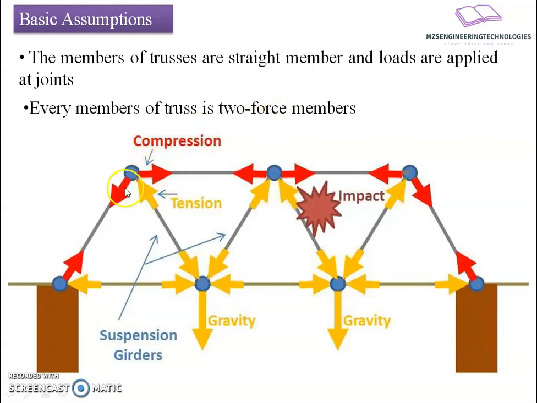For example, if instead of providing the pin connection, I provide some restraining end condition, due to this there will be a slight bending observed by the member. This bending will be neglected, or special consideration of the bending will be made, and thereby we will consider that the members are subjected to only axial pull or axial push, or axial compression or axial tension.